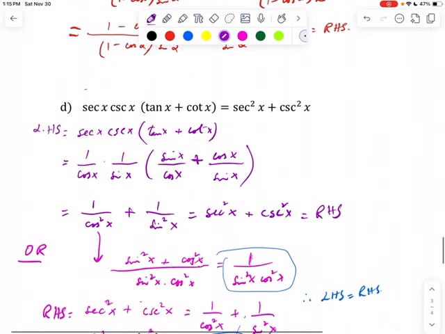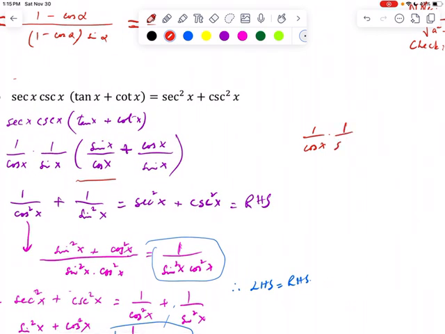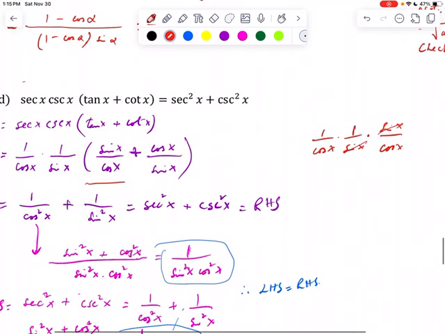So when I multiply this term by 1 over cosine x, I am getting 1 over cosine x times 1 over sine x times sine of x over cosine of x. So note here that the sine of x and sine of x get cancelled, and I have 1 over cosine x into 1 over cosine x, which gives me 1 over cosine square x.